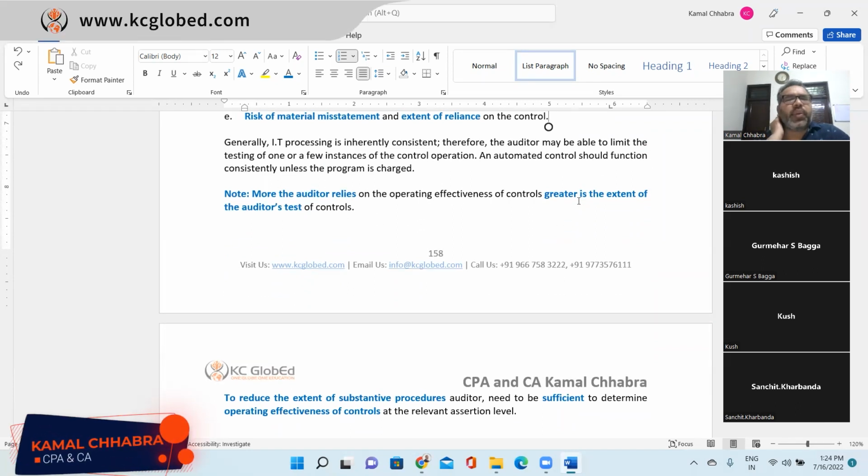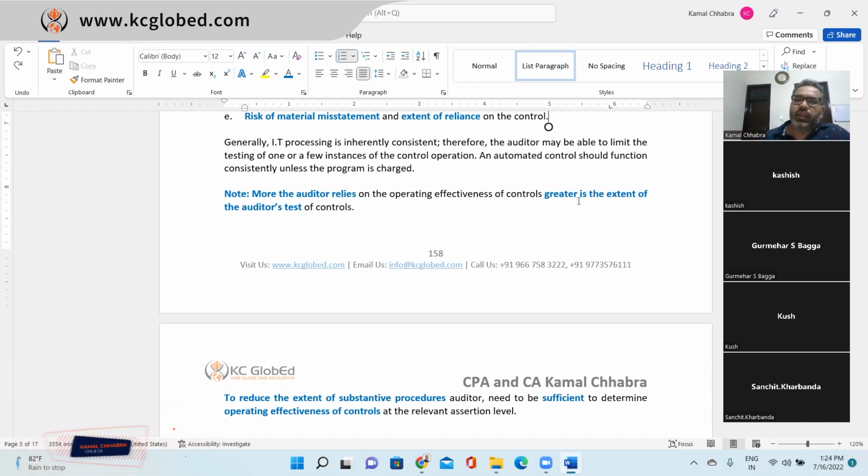For example, you have 100 sales transactions and every transaction is of 10 value, so the overall total would be $10,000. Those mathematical kind of controls are generally the same, and other controls also, unless changed in the system, work in the same fashion. So those kinds of controls can be easily considered for rotational control.